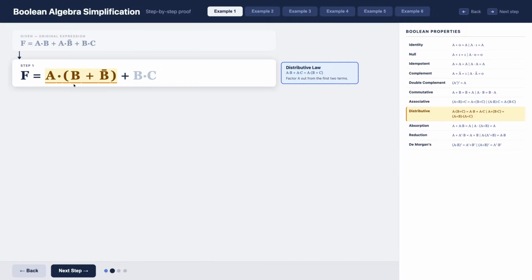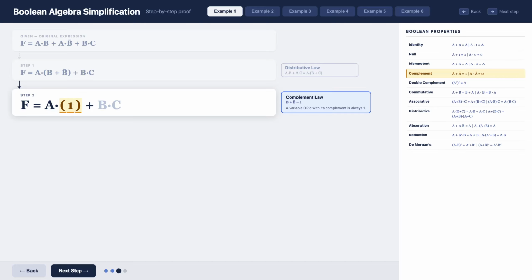Well, then we look at this and we say, oh, here's a Boolean identity, B or B bar. What I know about that, I can look it up on the list. That's the idempotent identity, A or A is equal to A. I'm sorry, that's the wrong one. What are we looking for? The complement property. A or A bar is equal to 1. And so we go to the next step and we replace that with 1, and that's true.